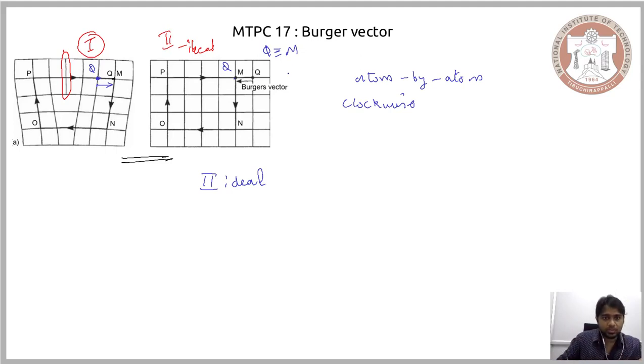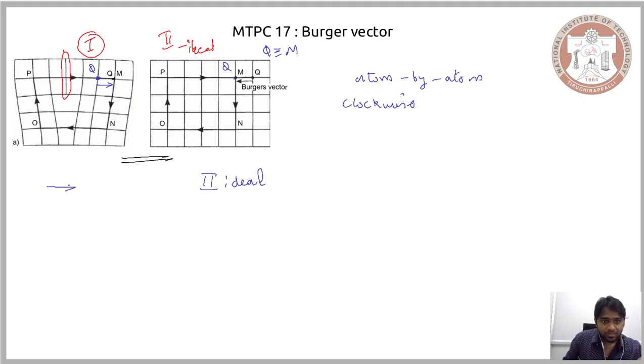Now, the Burgers vector that we have arrived at by considering the ideal case first, as you can see, the magnitude of the Burgers vector remains the same, however the direction is opposite. So depending on the approach you take, in this case we have the direction of the Burgers vector pointing in this manner.